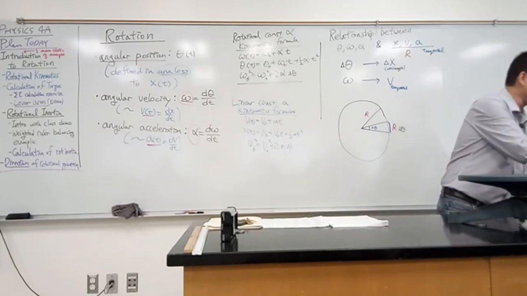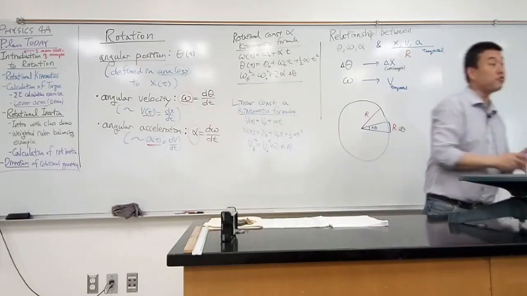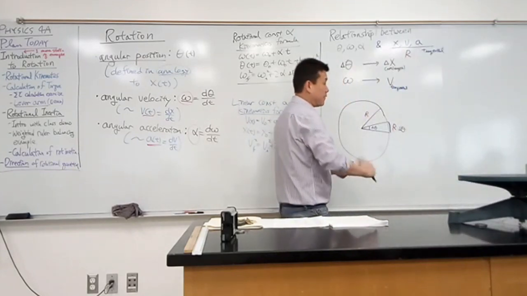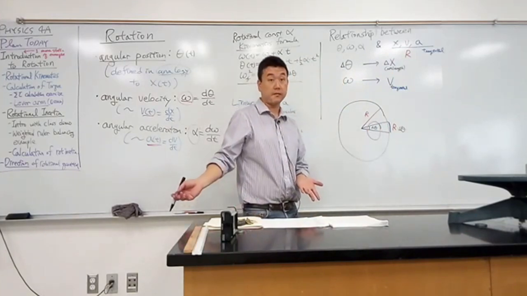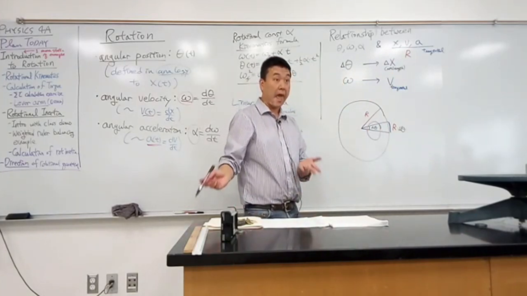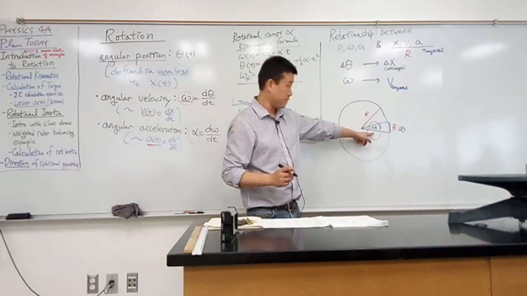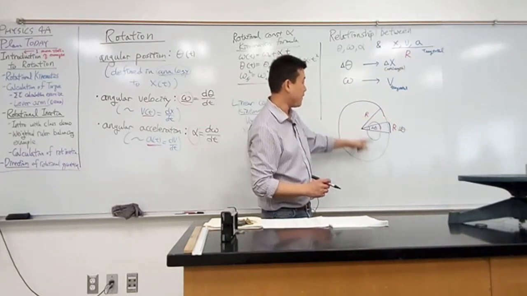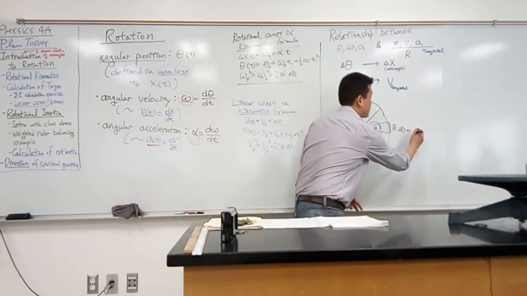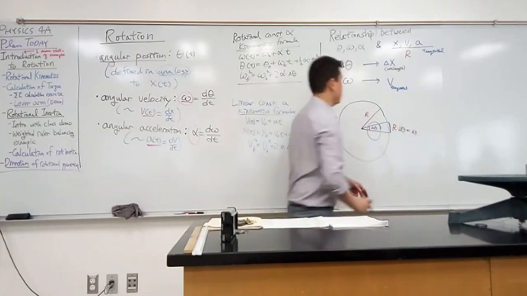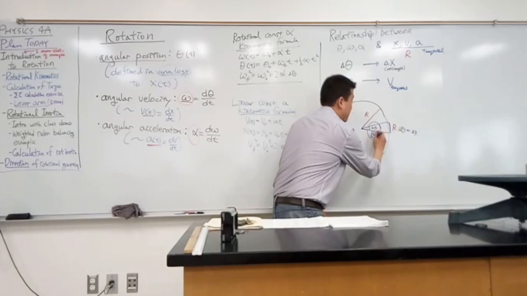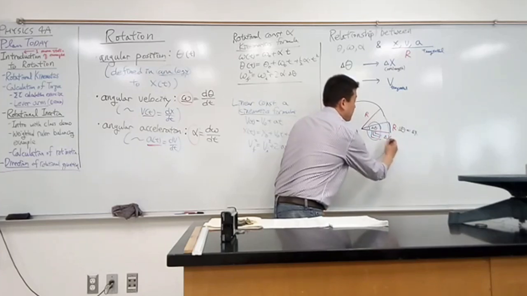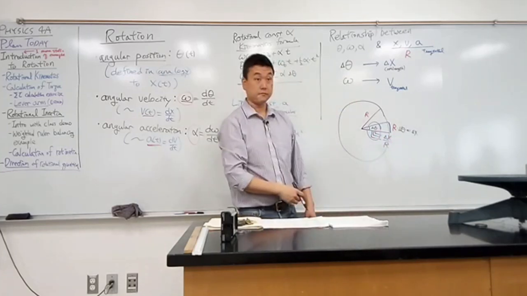My question was actually kind of backward. The proper way to remember this is to remember how we defined the angle in the first place. It goes back to the definition of radian that we spent some class time on. Angle itself is defined as the arc length divided by the radius. If I call the arc length delta x, then the definition of angle is the arc length divided by the radius.